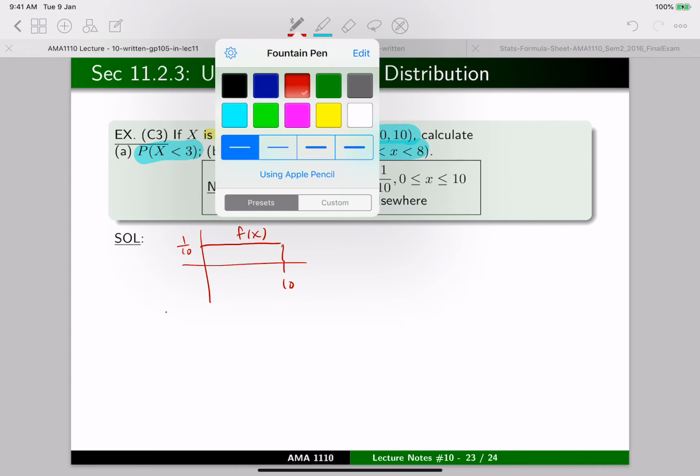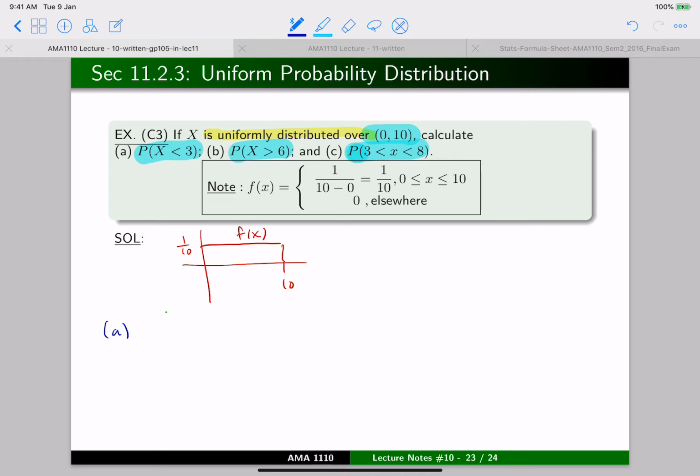So let's calculate the probability that x is less than 3. Well, this is just this area here. This is 1 over 10. This is 3, so you're looking for this area. So clearly that's going to be this base times height.